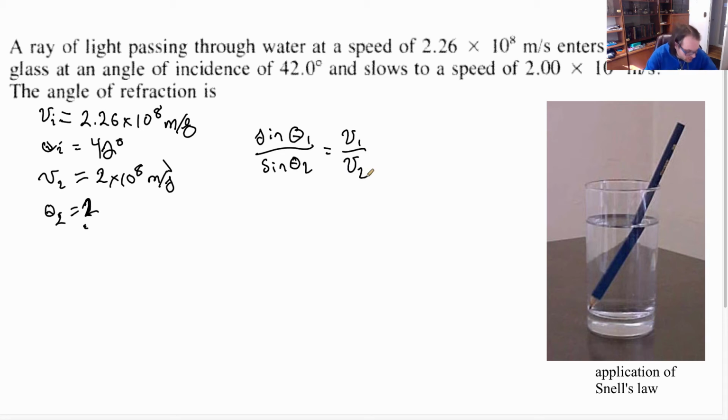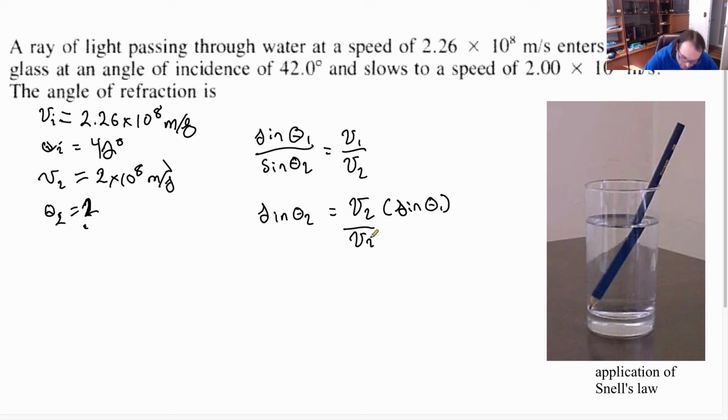We're going to rearrange this, so I'm going to end up getting sine theta 2 is equal to my velocity of my refraction multiplied by my sine of my incidence, all divided by my velocity of my incidence.